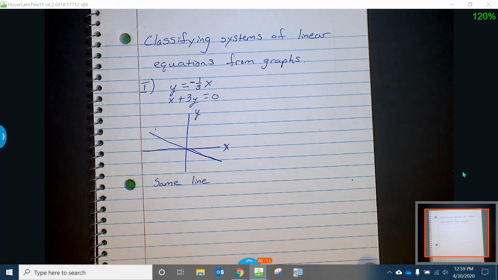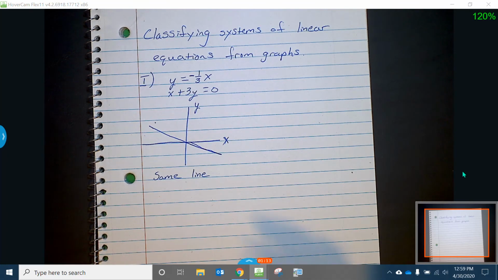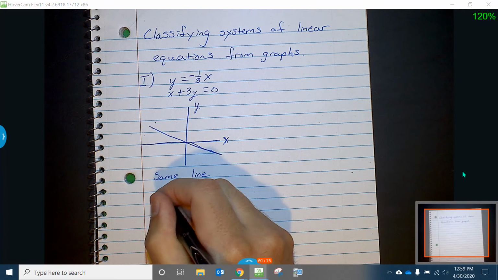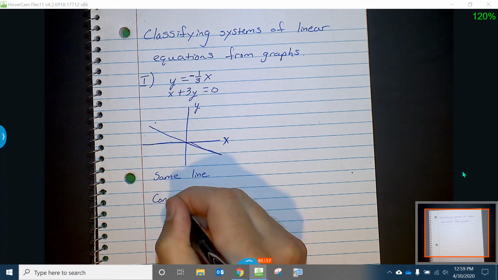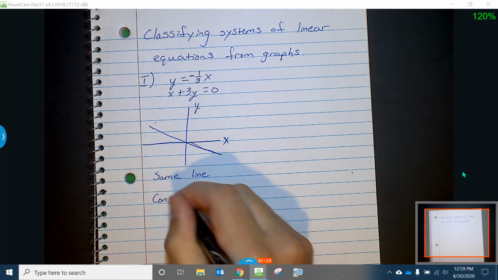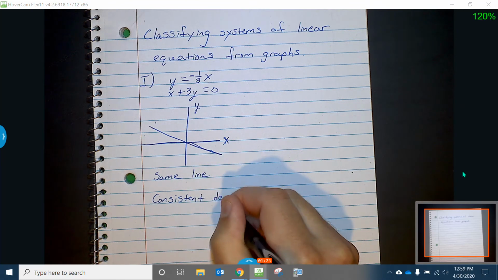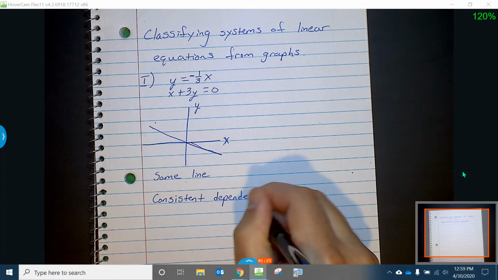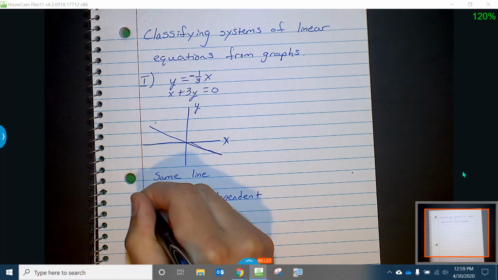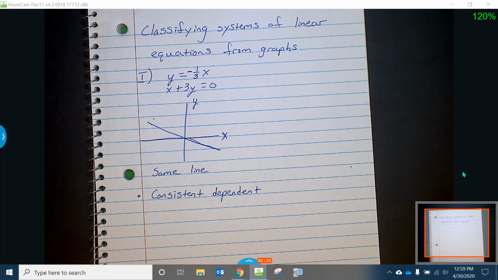And there's two categories it goes into. This system is consistent dependent.